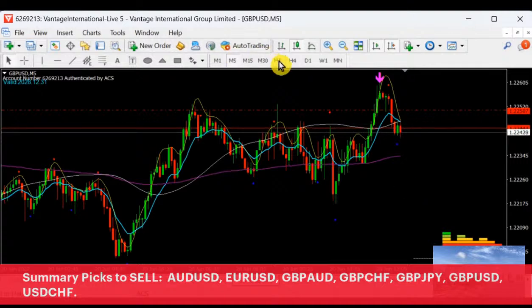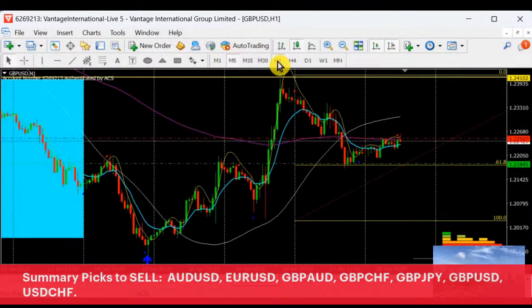Once again, overall, I guess before pound dollar starts to buy, it should be retesting the support, coming down to retest the support before it escalates up again.